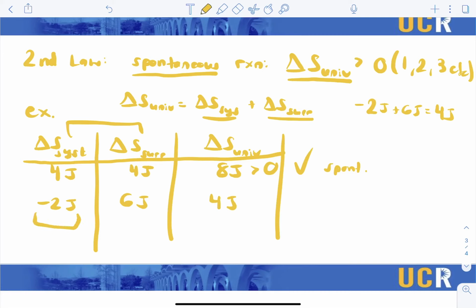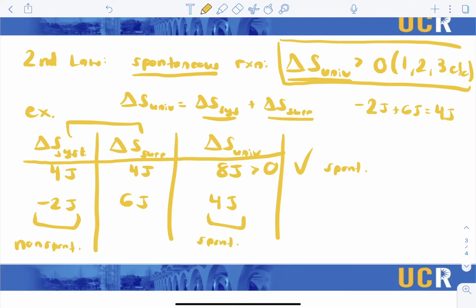Even though the system is negative, you might think, oh, negative, it must be non-spontaneous. But that's not the definition of spontaneity with entropy. The definition is if the delta S universe is greater than 0. So even though this is negative, if the total delta S universe is positive, like right here, it's going to be spontaneous. This is something to keep in mind because it can get a bit tricky at times. Whatever the delta S universe is, that's what it is. In this case, it is a positive 4 joules, so that means it is spontaneous. It's not just what the system is, but what the system and the surroundings are.